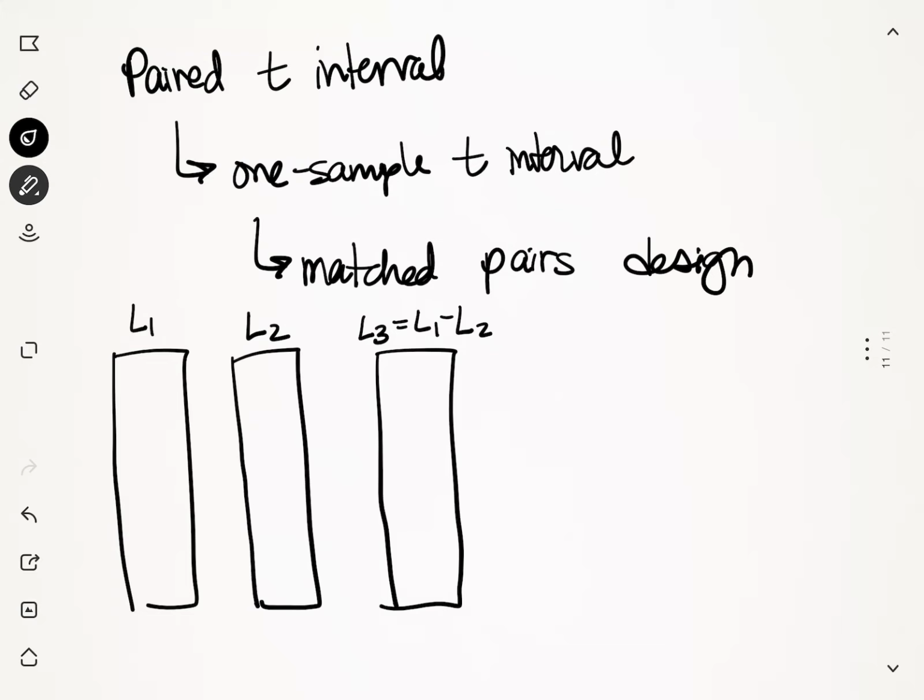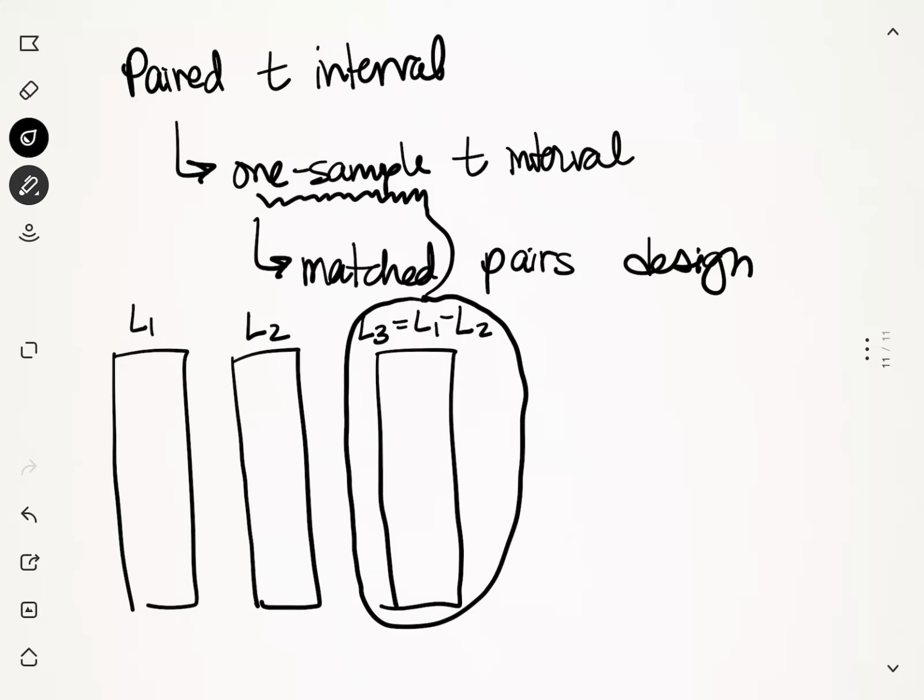All right, so when we set up our test, I'm taking 2 sets of data and subtracting them to reduce it down to 1 set of data, and that's how it becomes this one sample t interval: I take 2 sets of data, subtract them, and turn it into 1 set of data. Now, like I said, there's a slight difference in the way that we define the parameter and state our conclusion.